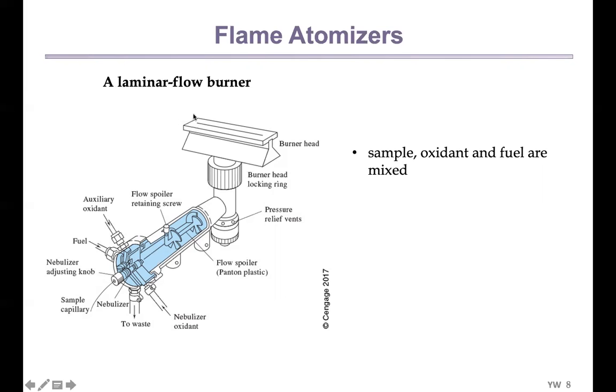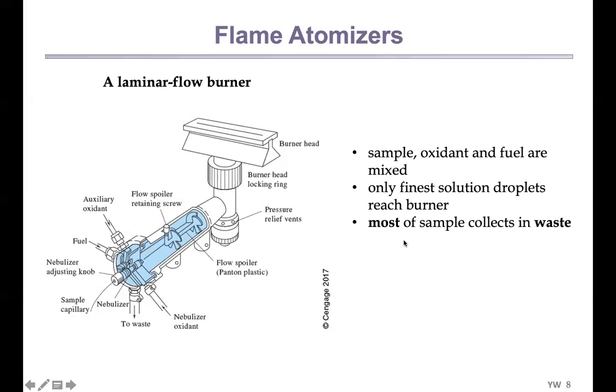So that's what happens here. The flame will be generated here, right? The sample capillary goes in here. We have a nebulizer where sample, oxidant and fuel are mixed here. And then only the finest solution droplets will reach the burner. This is the burner, right?